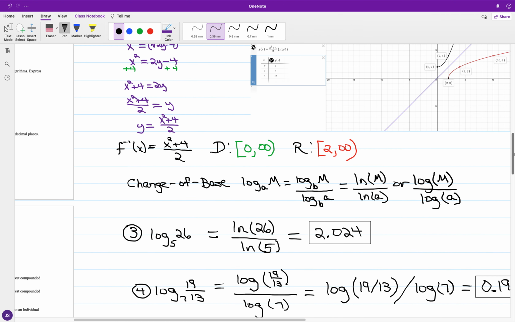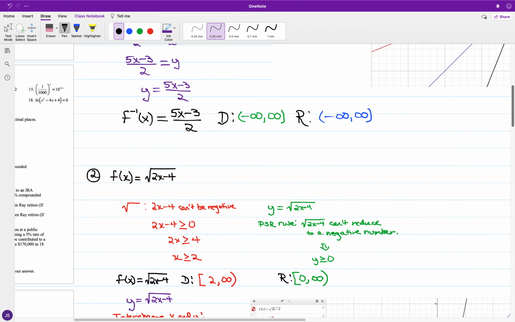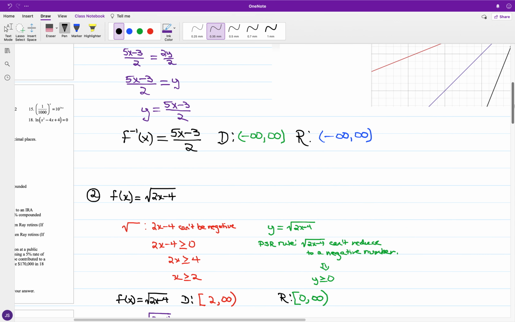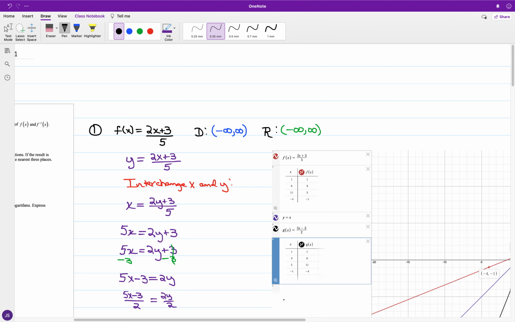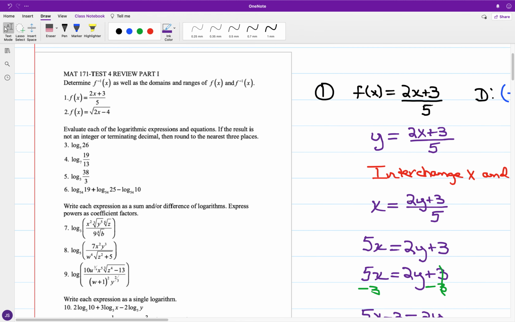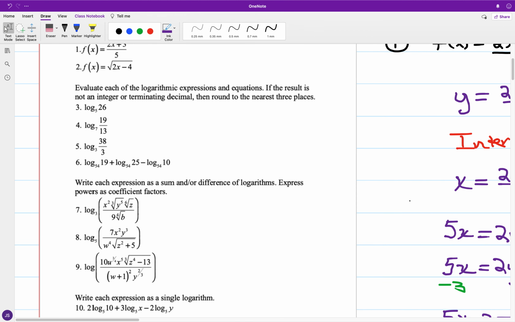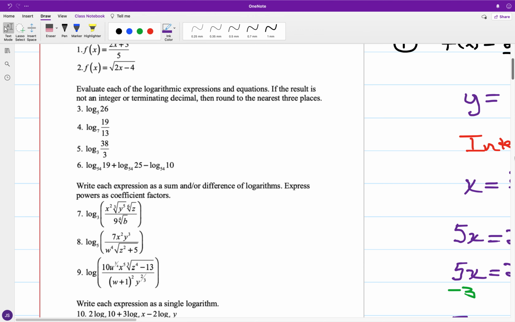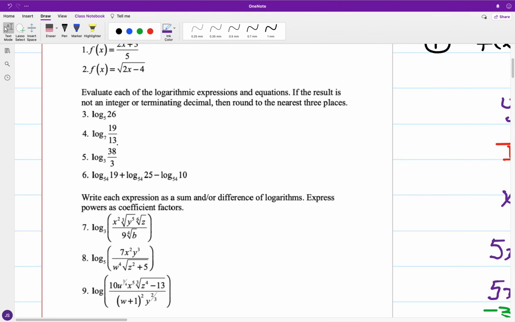I said that we would get back to item number 6, for this part 1 set. It says to evaluate each of the logarithmic expressions and equations. It says if the result is not an integer or a terminating decimal, round to the nearest 3 places. Now we've already looked at numbers 3 through 5 in that particular set, and we have now number 6.